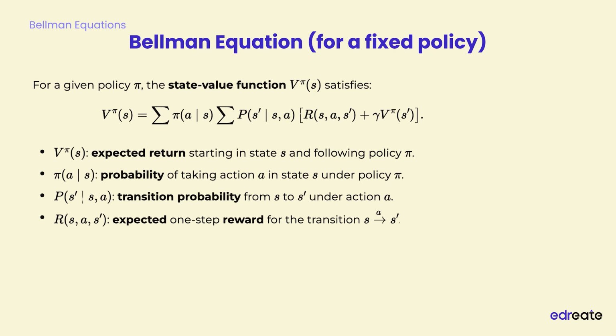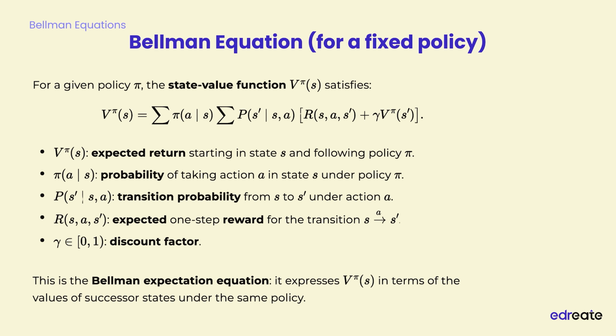R of s, a, s prime is the expected one-step reward for the transition from state s to s prime by taking action a. And gamma is the discount factor, which is between 0 and 1. This is the Bellman expectation equation. It expresses v pi of s in terms of the value of successor states under the same policy.